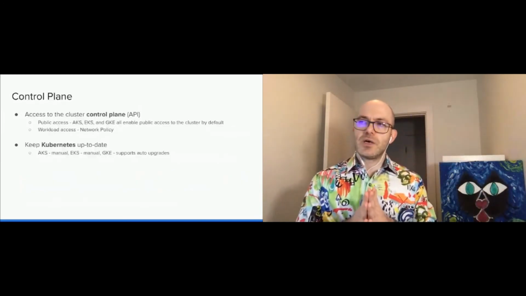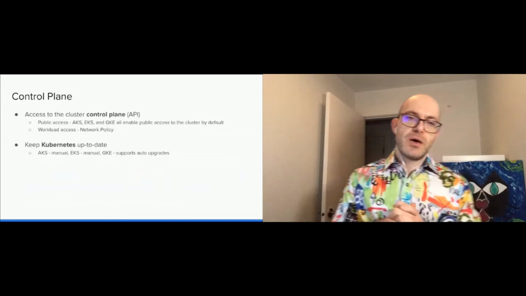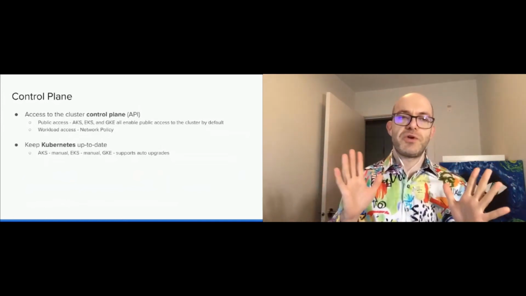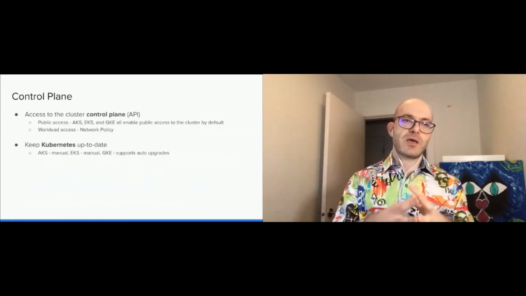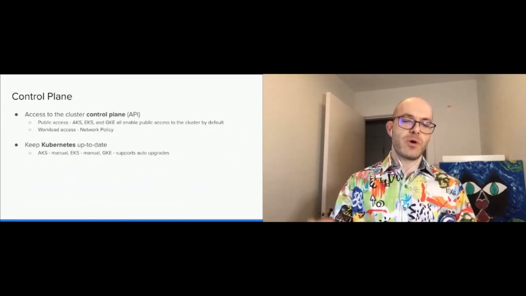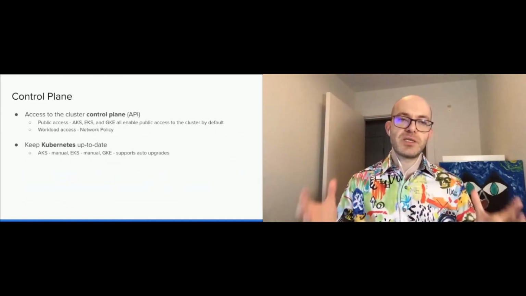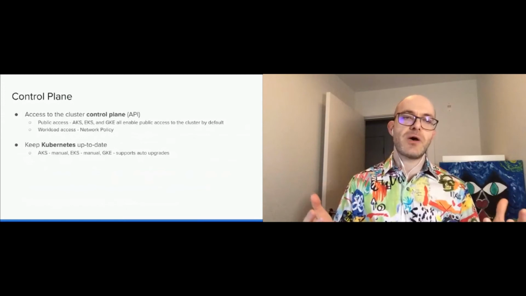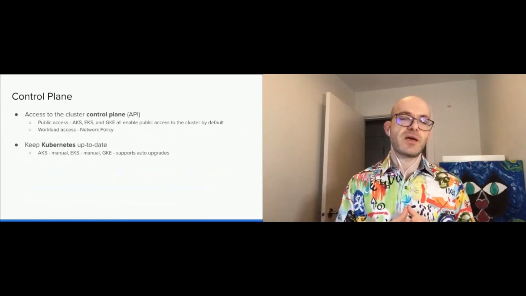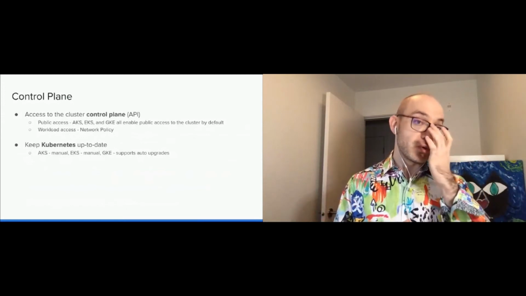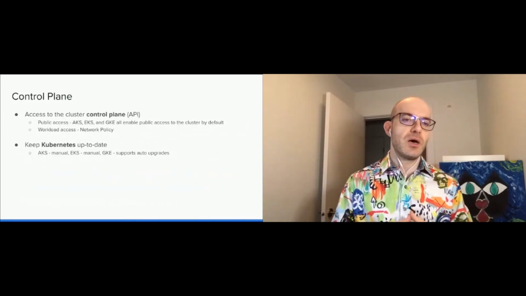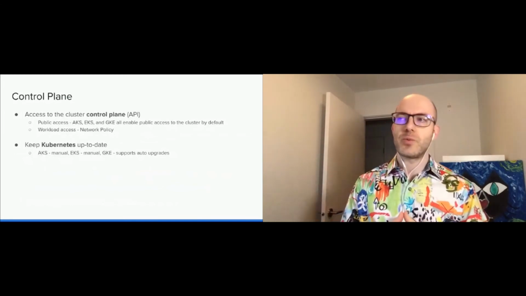Now, for access to the control plane, there are two things. One thing we already talked about, which is access to the control plane from workloads within the cluster. It's enabled by default. Again, as with the service account, in the majority of cases that access is not required by your workload, so it's a good idea to limit it using a network policy.